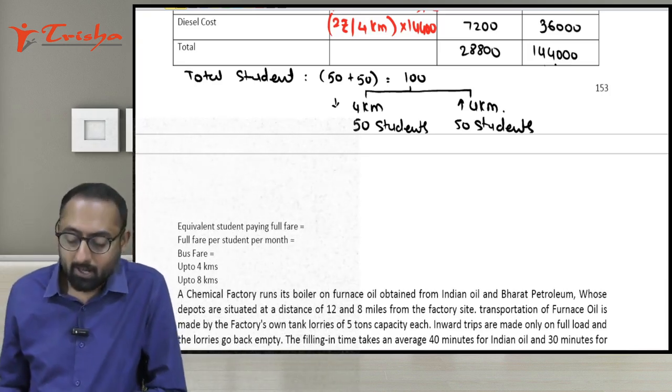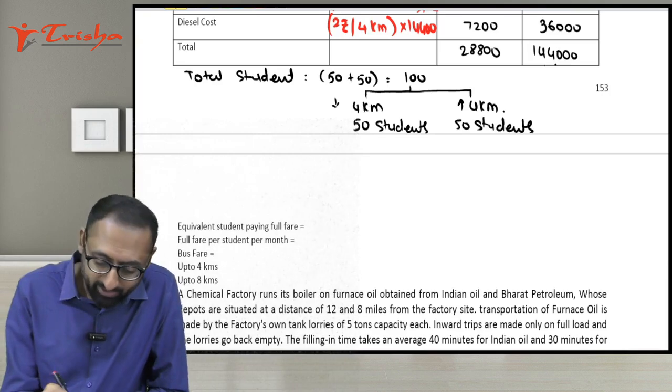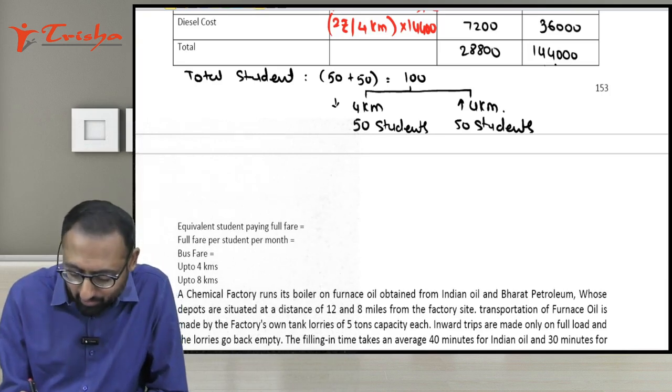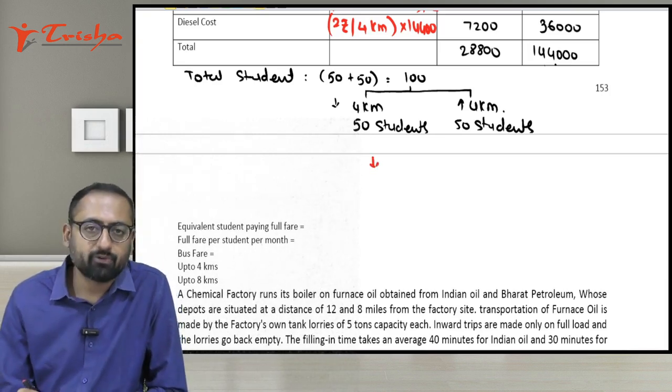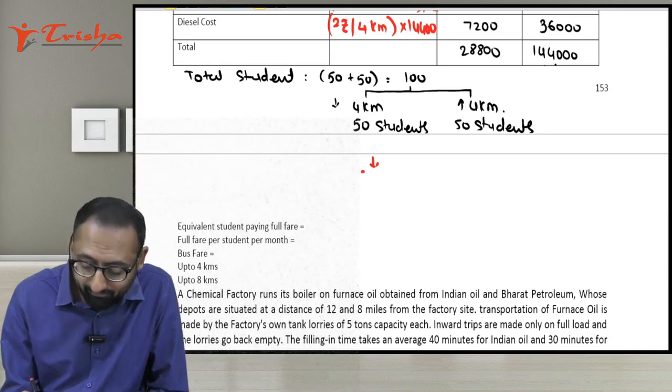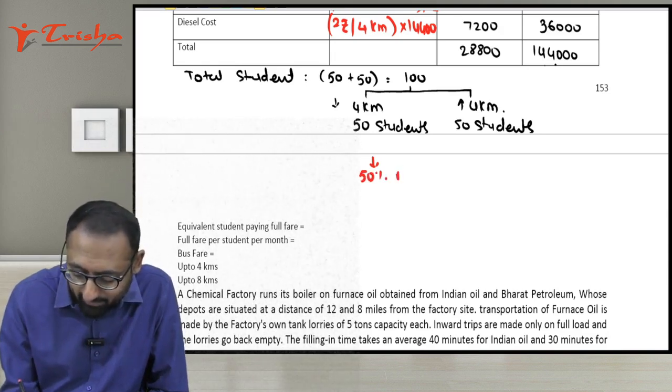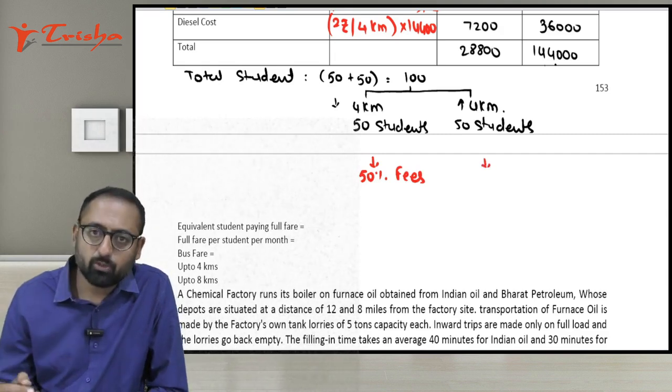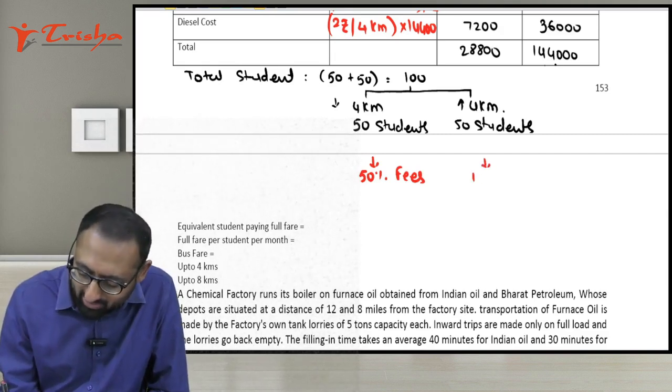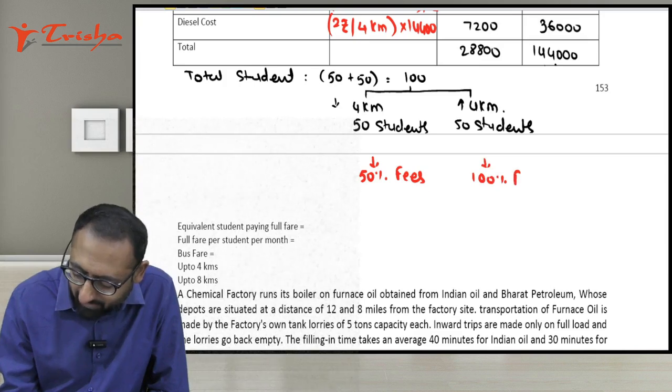Okay, but the very important point is that for the students coming within 4 kilometers from the school, you are charging only 50% fees. But the students who are coming beyond 4 kilometers from the school, you are charging 100% fees, right, guys?